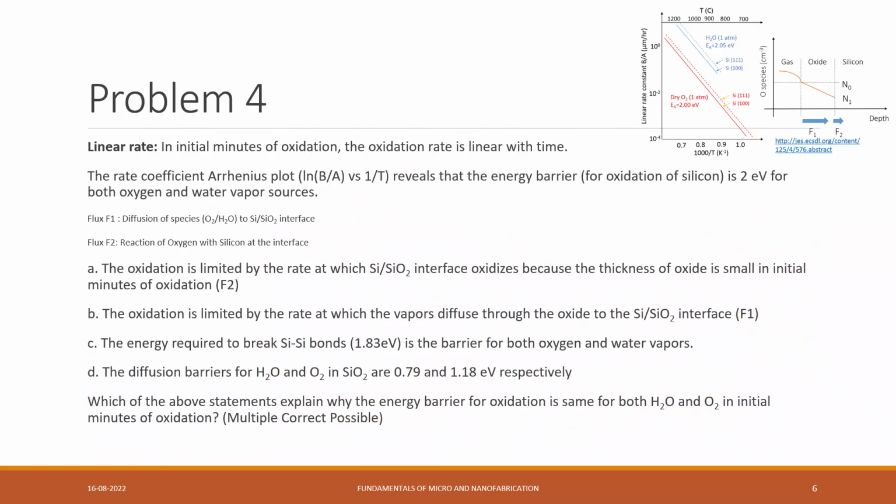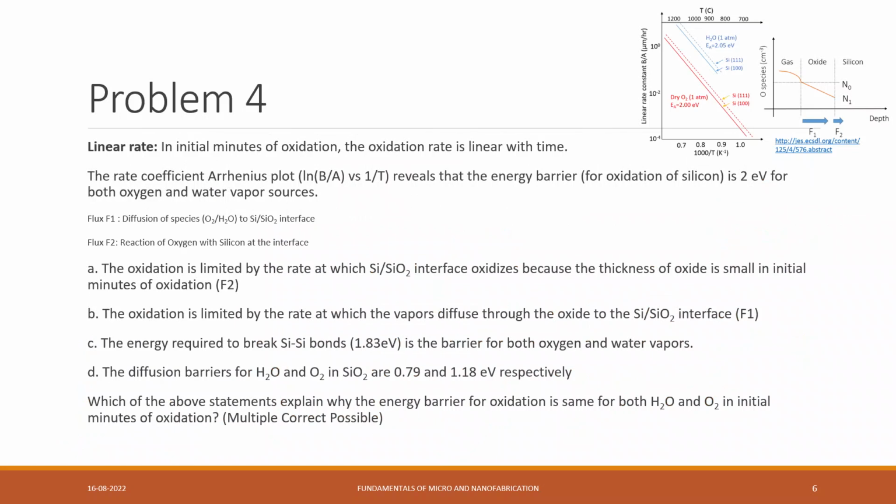So this is a theoretical question, from the formation of native oxide films, and it comes from the linear rate part. In the initial minutes of oxidation, we know that the rate is linear with time, and the rate coefficient reveals that the energy barrier for oxidation of silicon is 2 electron volt for both oxygen and water vapor sources.